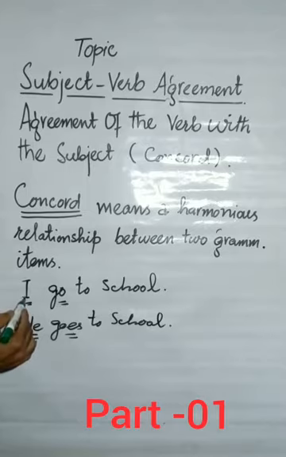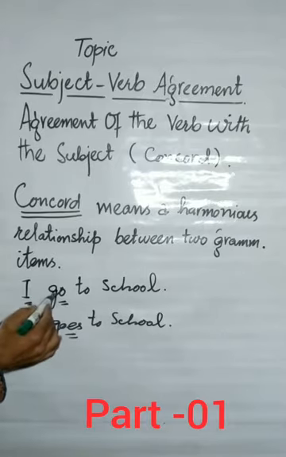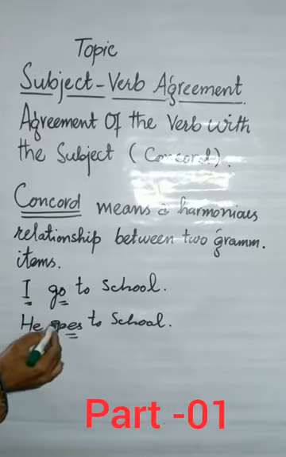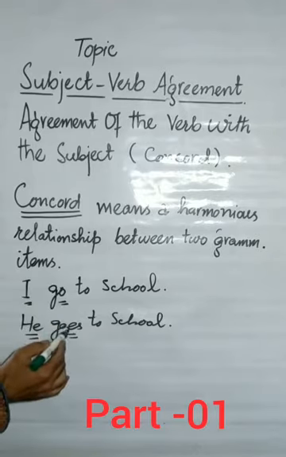In present tense, we use I go, and in past tense, we say I went. So I agrees with go and went, but it never agrees with goes. We never say I goes, because I agrees with go and he agrees with goes.